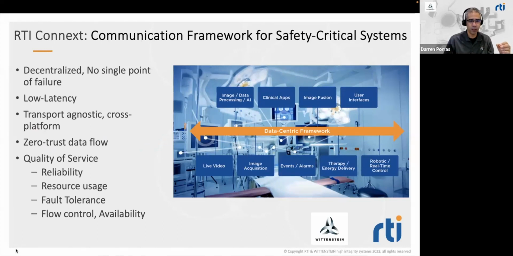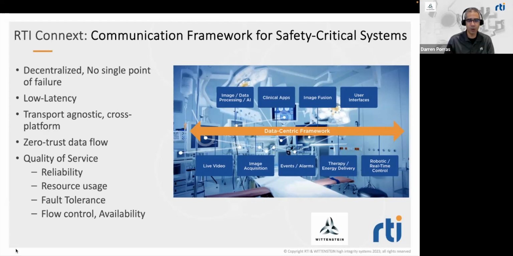This framework essentially enables applications to be decoupled from each other and allows the messaging infrastructure to be managed by the framework instead of the application logic. In addition, the framework is transport agnostic, so it doesn't matter if this is a wired communication or a wireless communication. It could even be on the same machine, for example. So inherently transport agnostic as well as cross-platform.